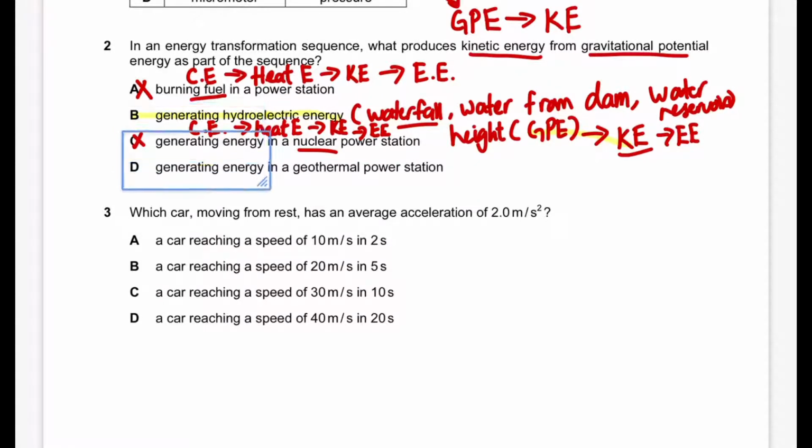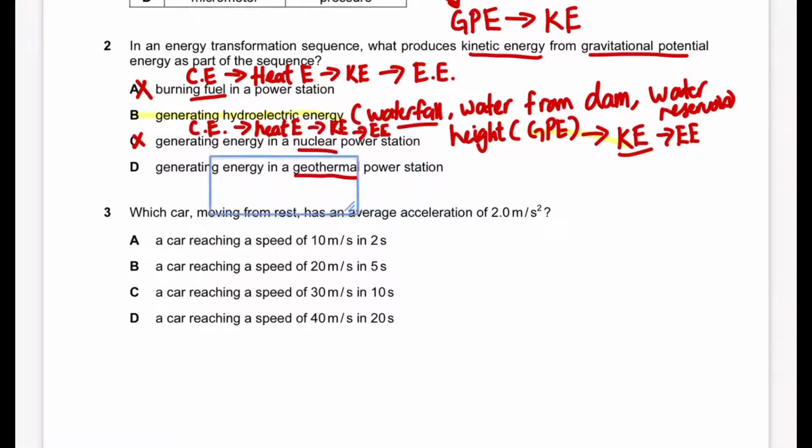Last but not least is option D, generating energy in a geothermal power station. Now, a geothermal power station uses the heat emitted from Earth's interior to generate electricity.